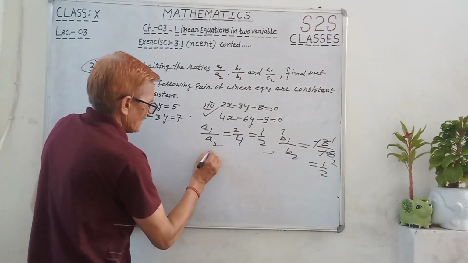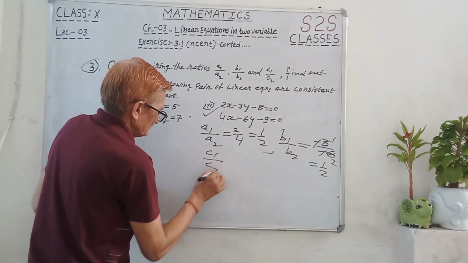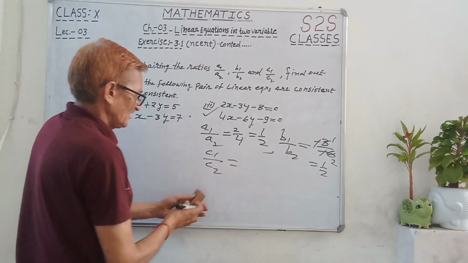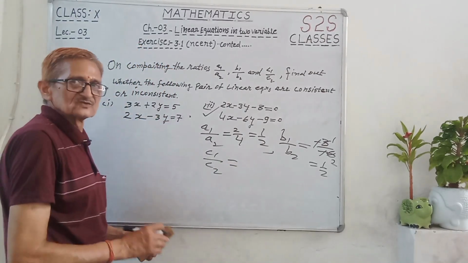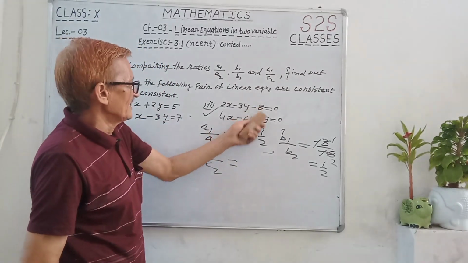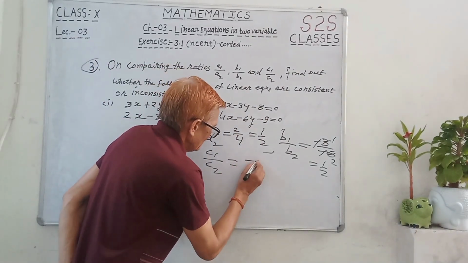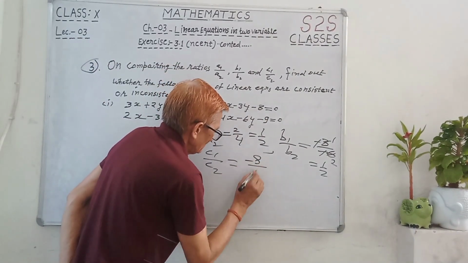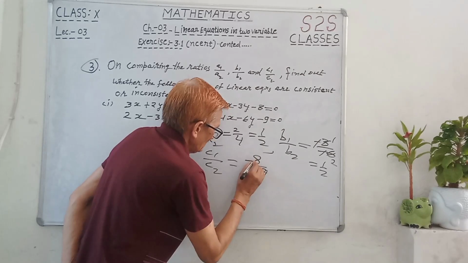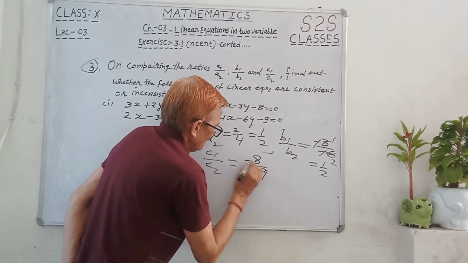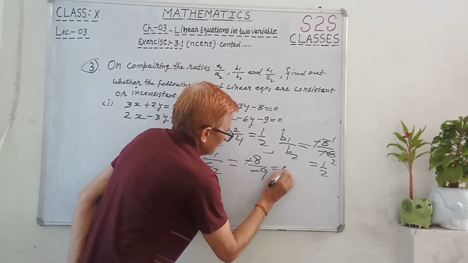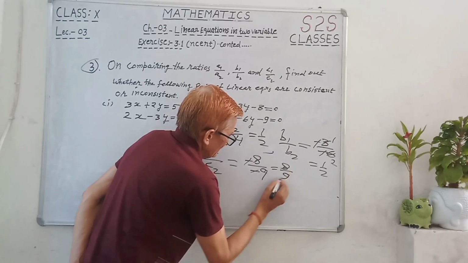If the first two ratios are equal, then the third we also find: C1 upon C2 is minus 8 upon minus 9, the negatives cancel, so 8 upon 9.